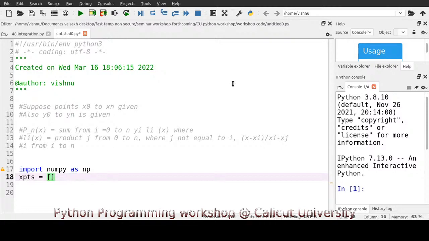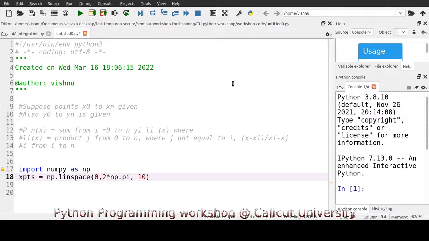Not necessarily. np.linspace we can take, linspace 0 to 2 times np.pi. And suppose that we take, okay, let us take 10 points for the time being. After that, we can try to increase the number of points.